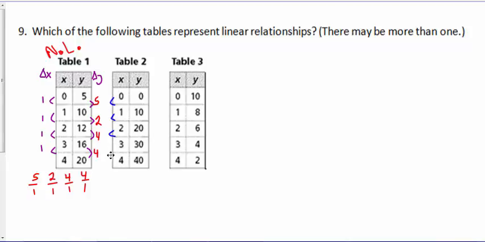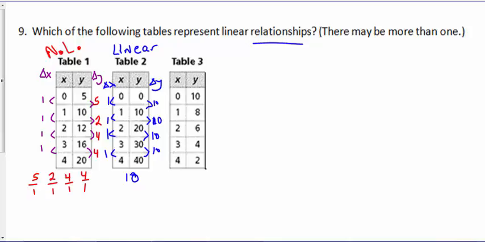It appears that all of our changes in x are going to be 1s. So we got 10, 10, 10, and 10. Because all my x's are changing by 1 and all of my y's are 10s, then the slope on this is 10. So table 2 is a linear relationship.